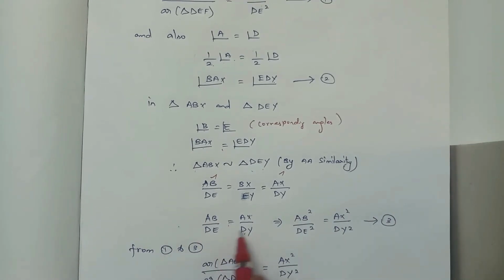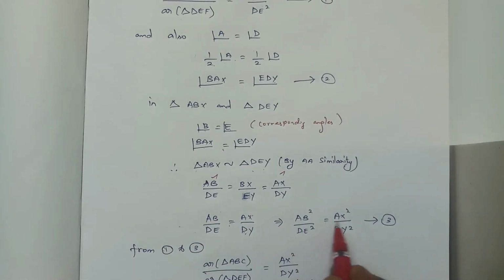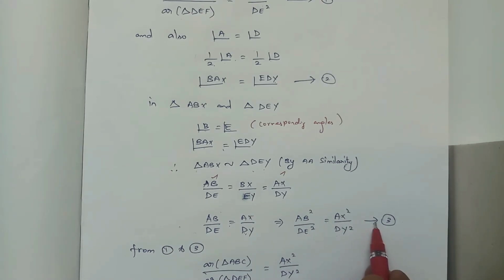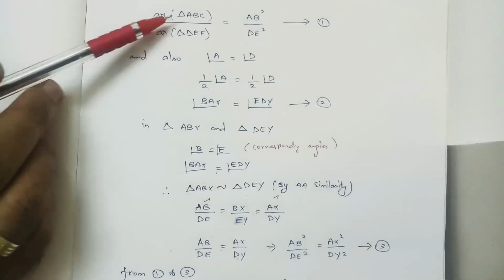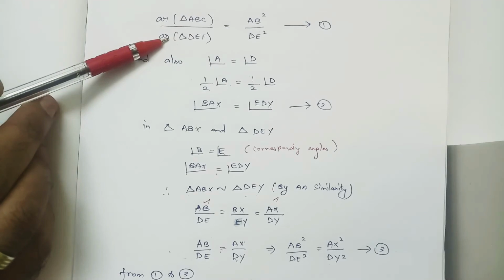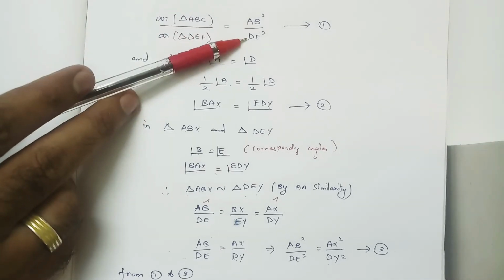Squaring on both sides, then it will become AB square divided by DE square is equal to AX square divided by DY square, right? Take it as equation number 3. Now compare equations 1 and 3. Equation 1: area of triangle ABC divided by area of triangle DEF is equal to AB square divided by DE square.